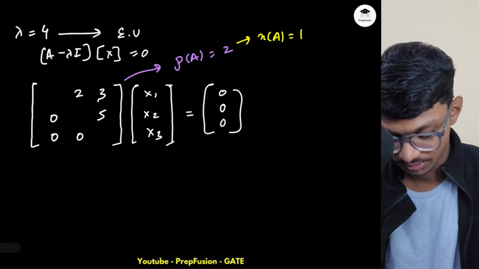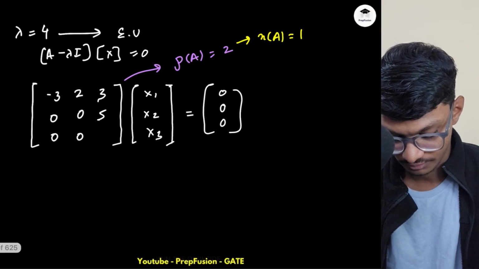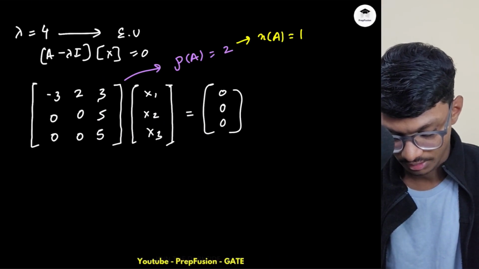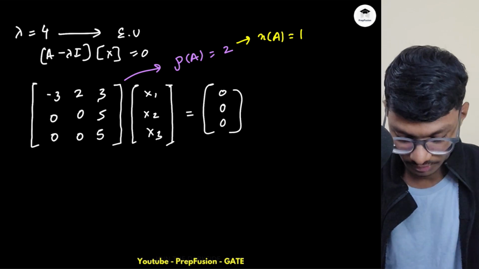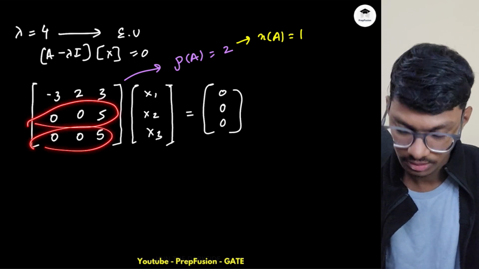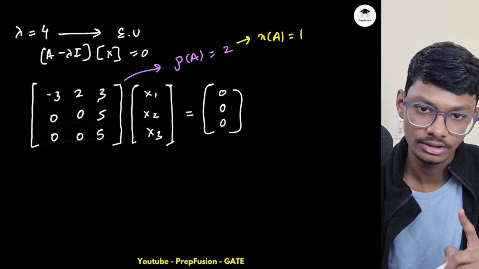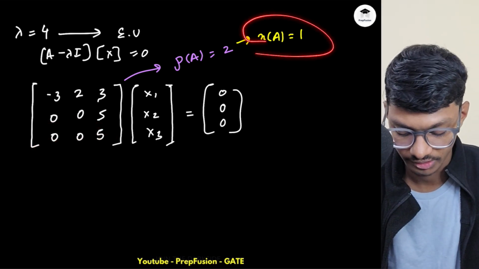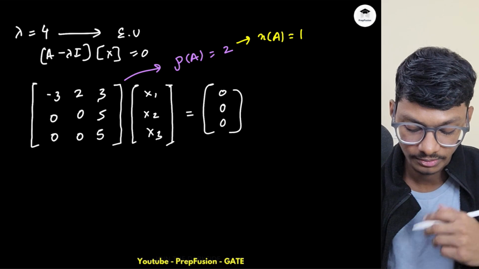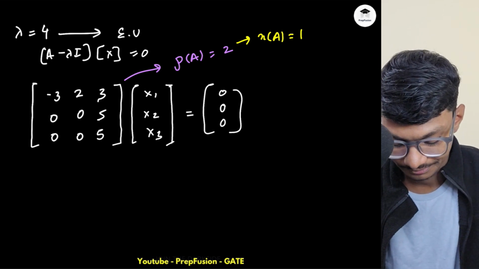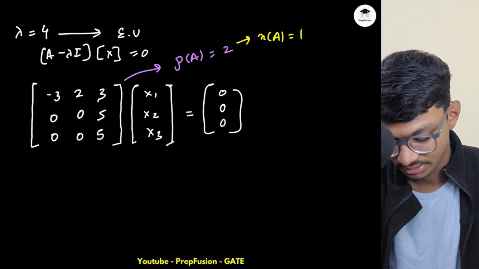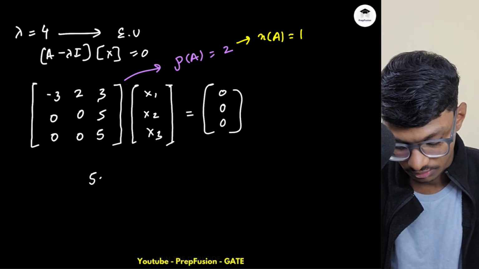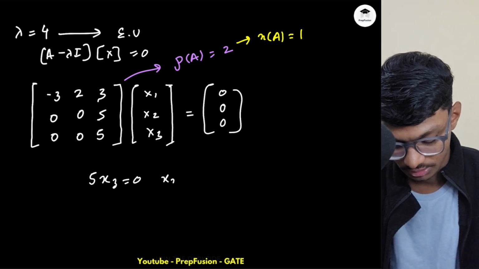It becomes 1, this is minus 3, this is 0, this is 5. Again we observe that these two are dependent, so the rank will be 2, the nullity will be 1, and I will have one free variable. What will that free variable be? I can see that 5x3 equals 0, hence x3 will be 0.